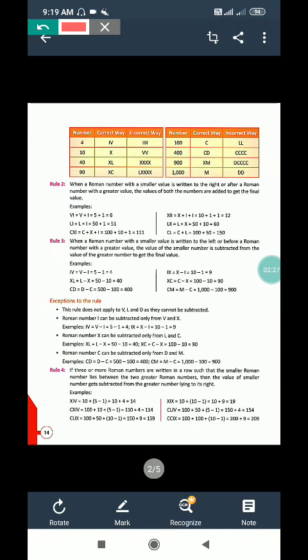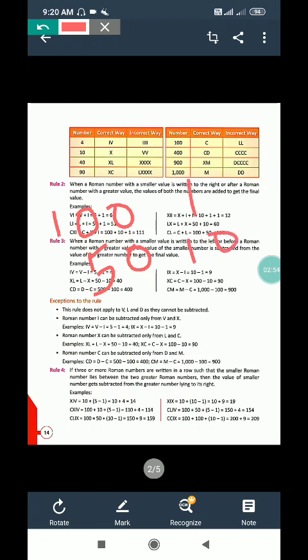Now again we will take another example. Let's take this one, CLIX. What is the value of C? We know the value of C is 100. And what is the value of L? The value of L is 50. Now I means 1 and X means 10.